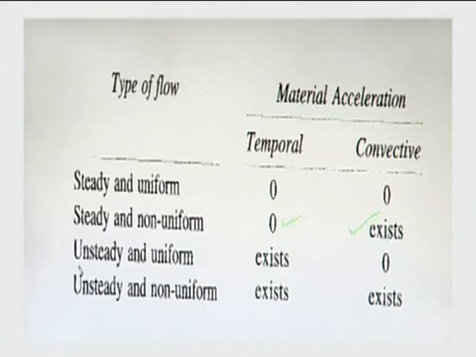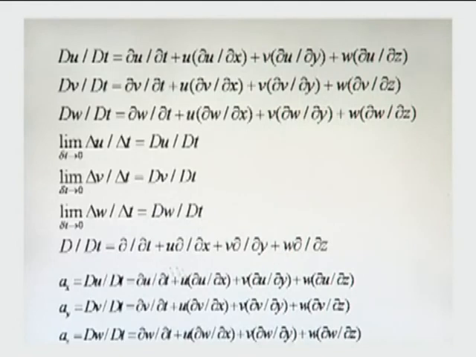If we have an unsteady flow and uniform flow, in that case, if we have an unsteady flow, it means that u is a function of time, so it will have a time derivative. So del u over del t is not equal to 0, but if it is a uniform flow, it means that the velocity gradients in x, y, z directions are 0. Del u over del x will be 0, del u over del y 0, and del u over del z 0.